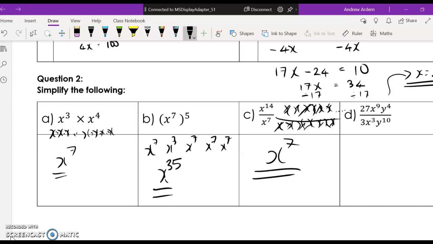Letter D, it's very similar to letter C, but there's a few more numbers to do. There are 9 x's and 4 y's. 1, 2, 3, 4, 5, 6, 7, 8, 9, and 4 y's.